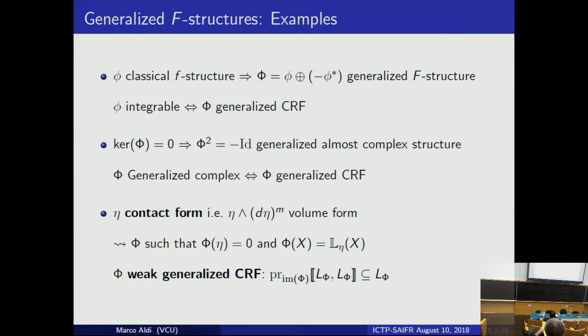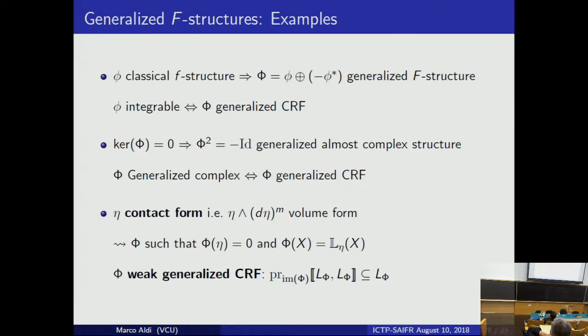And then you can construct a generalized F structure with the properties that it annihilates the contact form, and its action on a vector field is given by the generalized Lie derivative with respect to the contact form of that vector field. Now, as it turns out, this is not a generalized CRF structure.